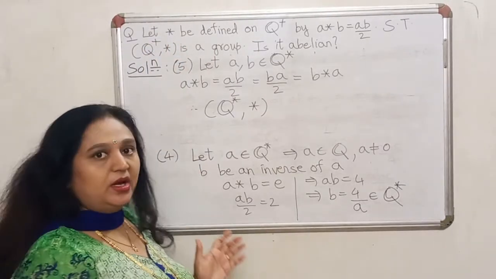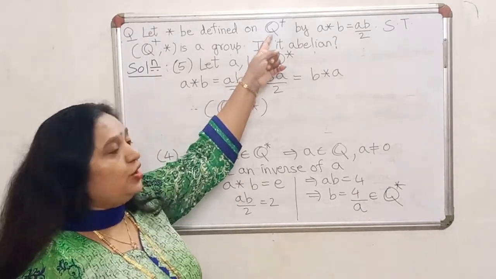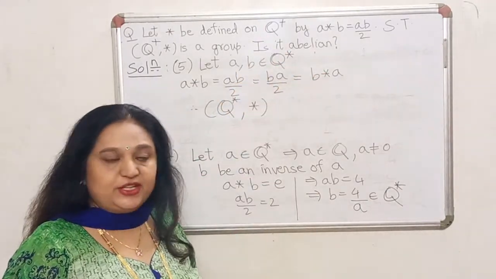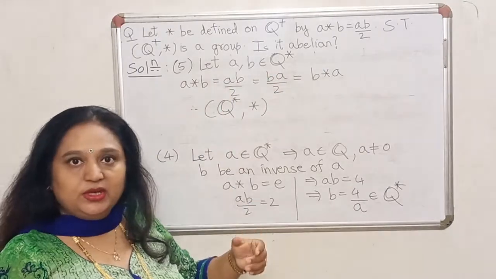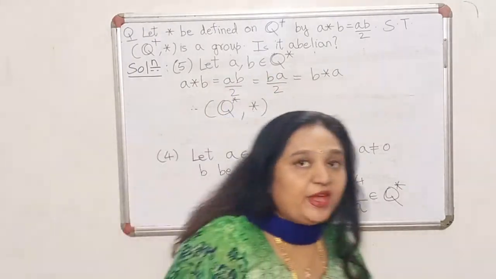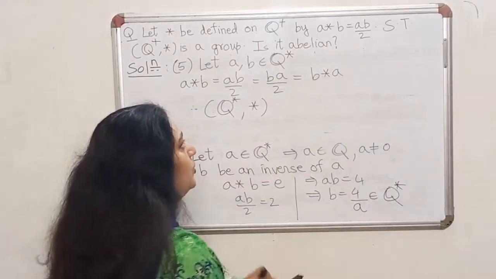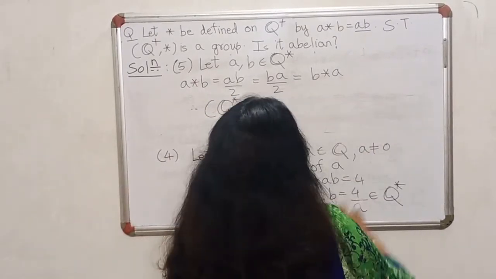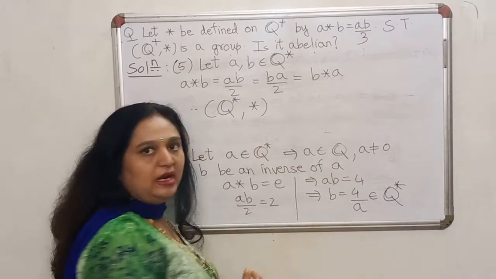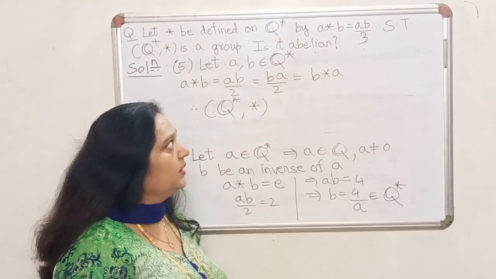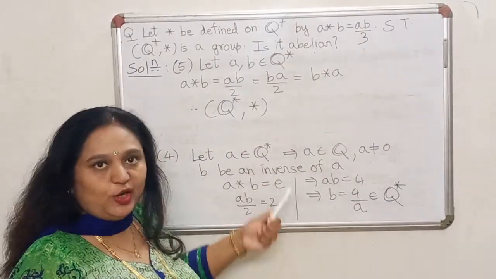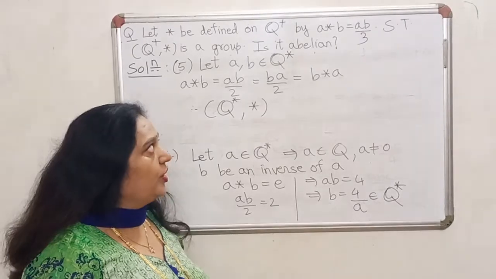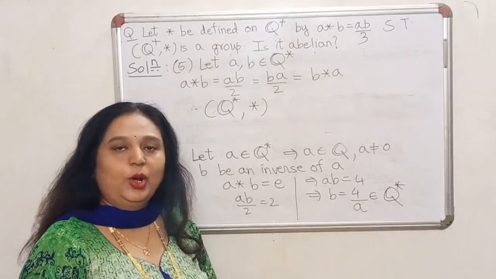It's similar to the earlier problem, only now Q plus will contain all positive rationals. So try it out. Another variation in this problem that you could try out is, instead of AB upon 2, you can have AB upon 3, or for that matter any other non-zero number in the denominator. So accordingly your identity will change, your inverse will change, and so on.